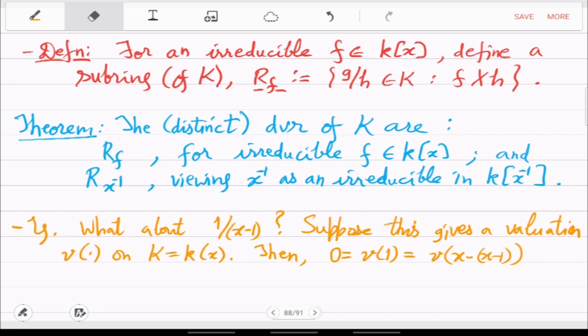At the point 1 it has a 0, which means it has some non-trivial value. But if I substitute 0 in 1 over x minus 1, I'm not getting 0, right? It doesn't have a 0.